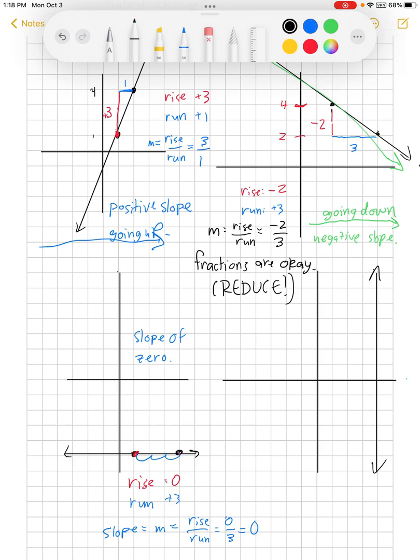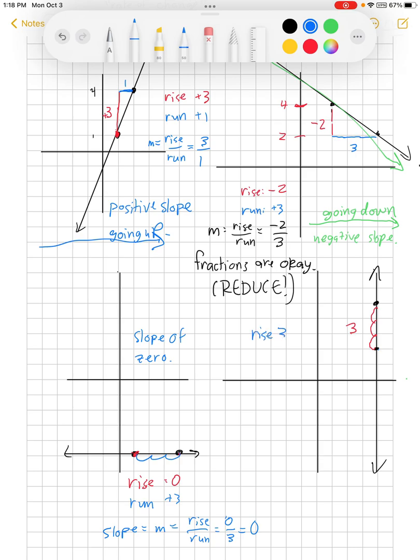One more. Notice we have a vertical line. I forgot to put the 2 dots on it, so I will go ahead and do that now. Once again, let's go ahead and count our rise in this particular case. We rise 1, 2, 3, and we run, well, we don't go anywhere. We just stay up and down.